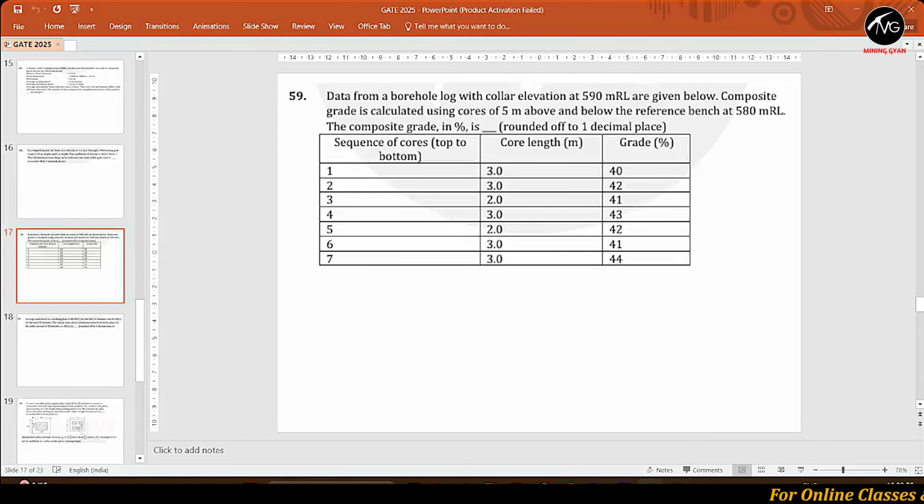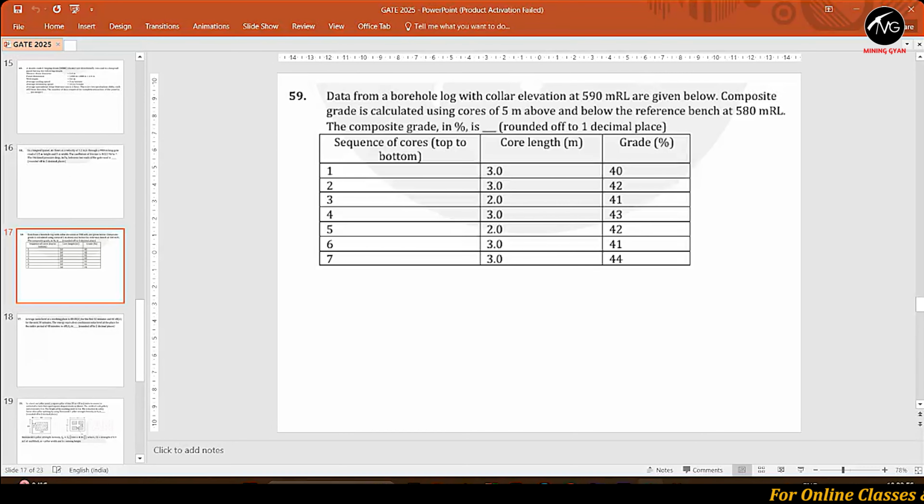First is 3 meter, then 2 meter, 3 meter, 2 meter, 3 meter, 3 meter. This is the core length.